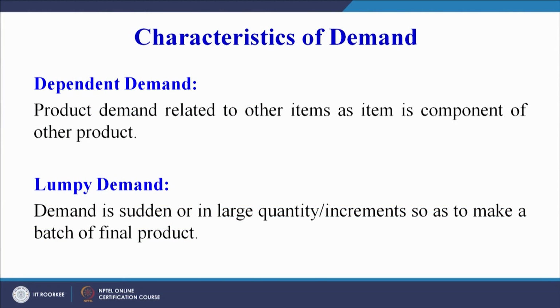And then the other type of demand can be the lumpy demand. The demand is sudden or in large quantity increments, so as to make a batch of final product. So lumpy demand can be suddenly generated, so we have to immediately respond to that kind of demand, and our MRP system should be flexible enough to absorb that demand, do the calculations, order the materials, and finally be able to satisfy that demand that is lumpy in nature, that has just arisen because of maybe some exigency or some emergency.